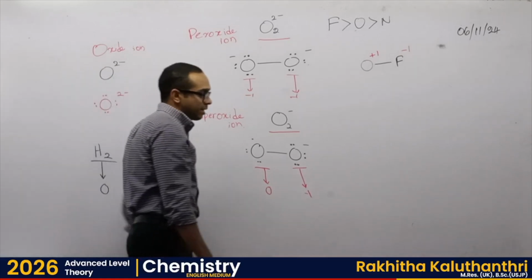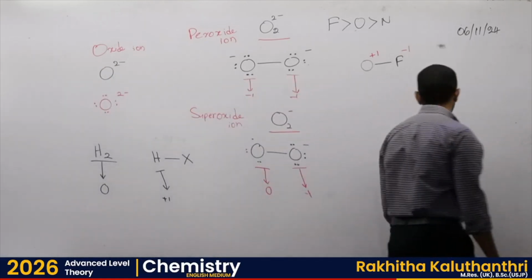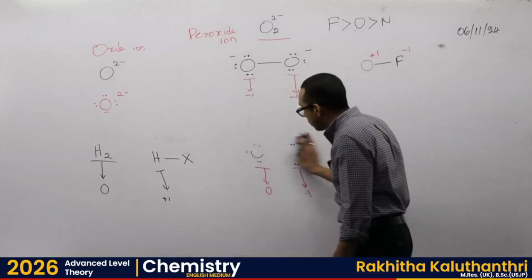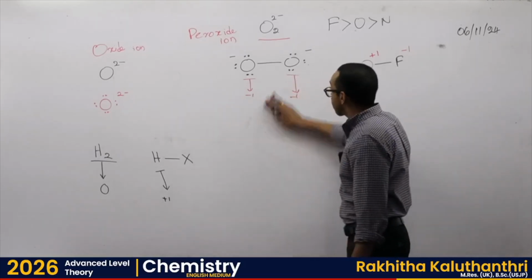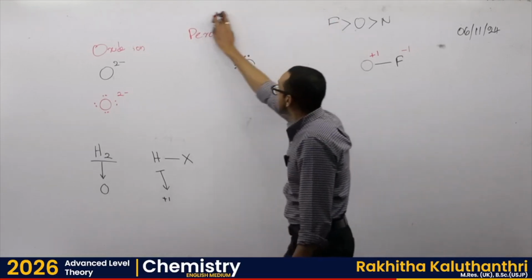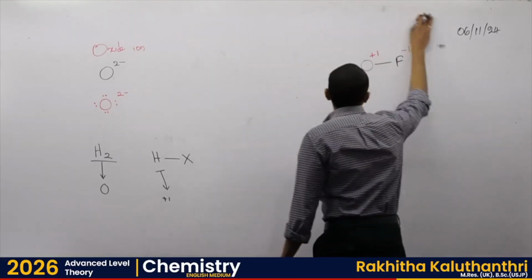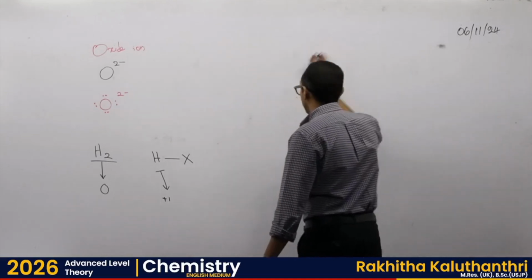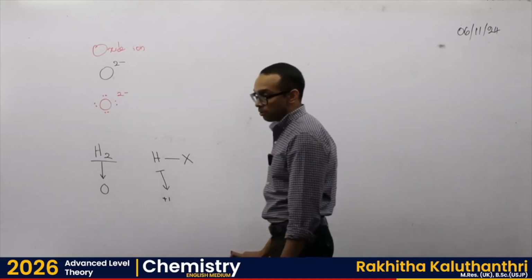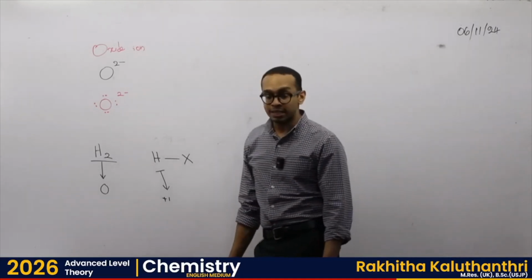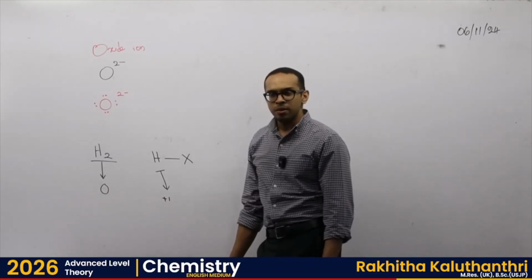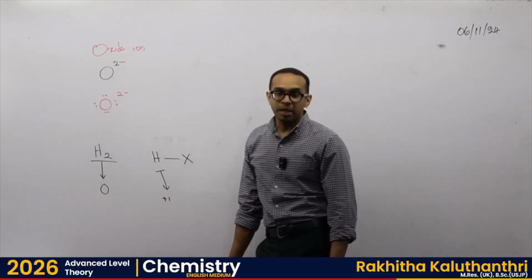But there's always an exception. That is how it is. There's always an exception. When it comes to metal hydrides. Now, if you take metals, students, strong metals like sodium, reactive metals like sodium, potassium, calcium, these metals will never accept electrons.